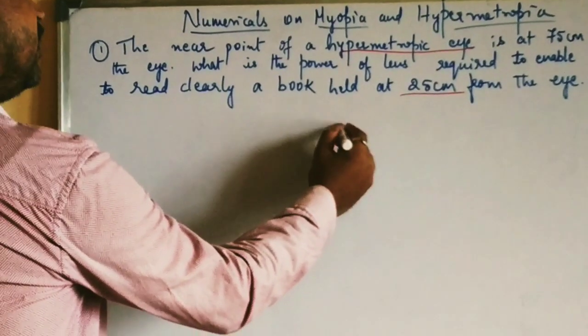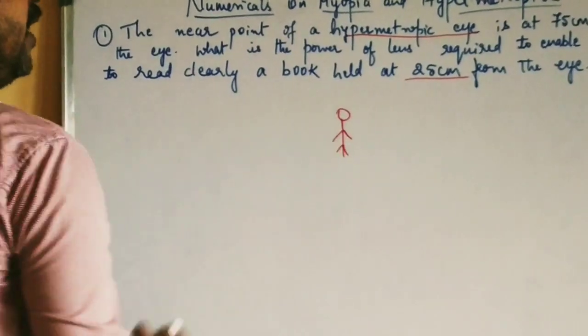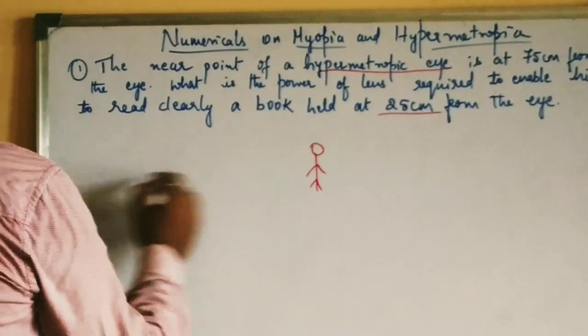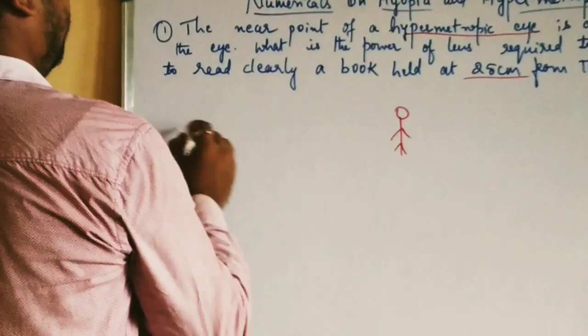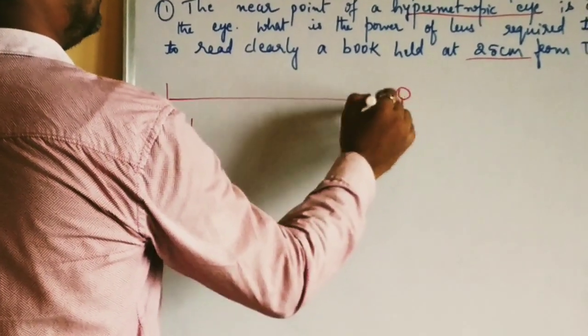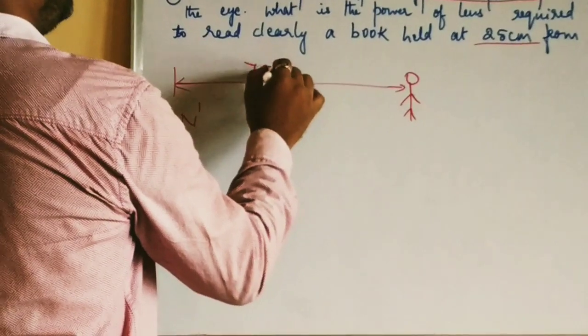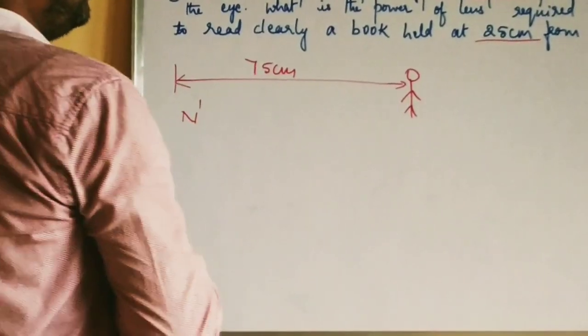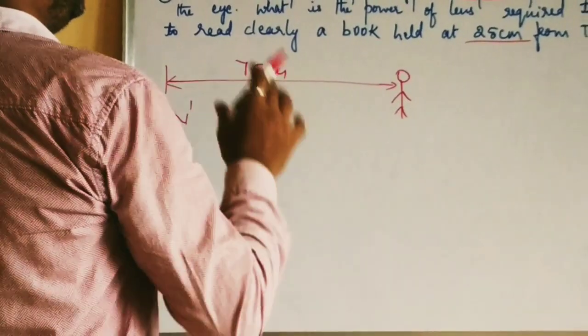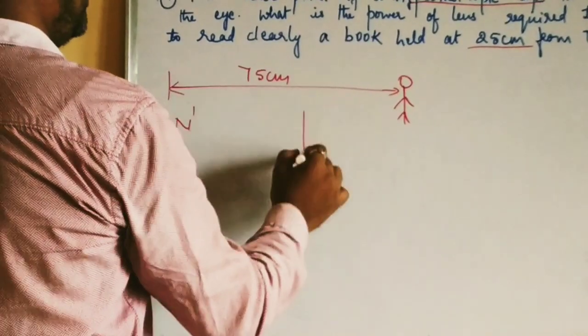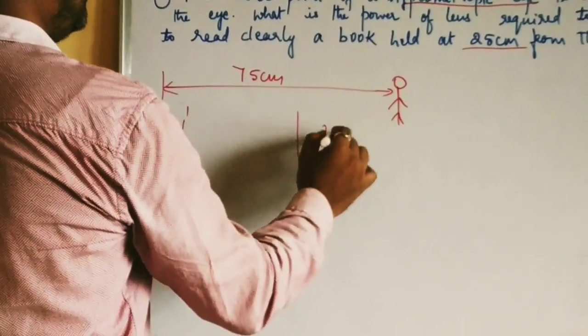So you have a person with a defected eye, and his near point x dash is supposed to be 75 centimeter. Now he wants to read clearly a book which is held at 25 centimeter.